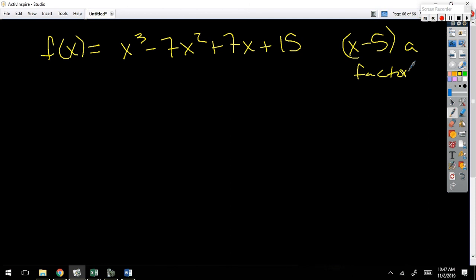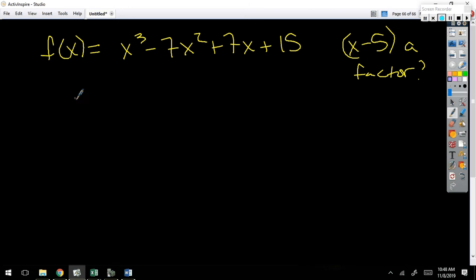And why? How do you tell if it's a factor? What tells us that it's a factor? No remainder. So you have to divide to see if it is a factor.